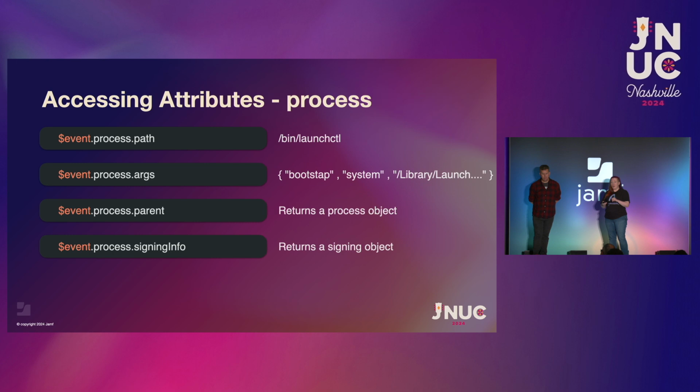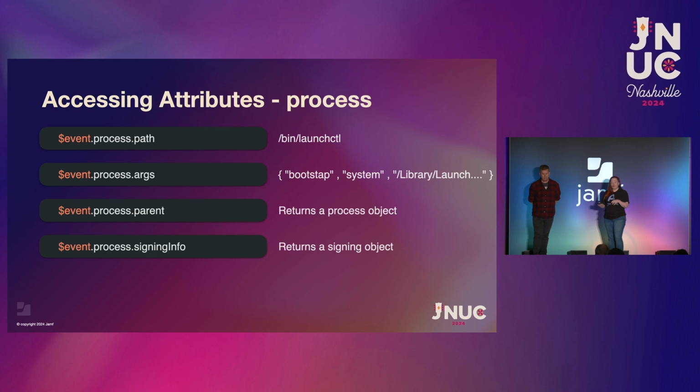Looking at the process type of event, if I go to the path for a particular process, we're going to return back that particular path. If I'm looking for the arguments that could be used to run that particular process, I can gather those within that particular array.